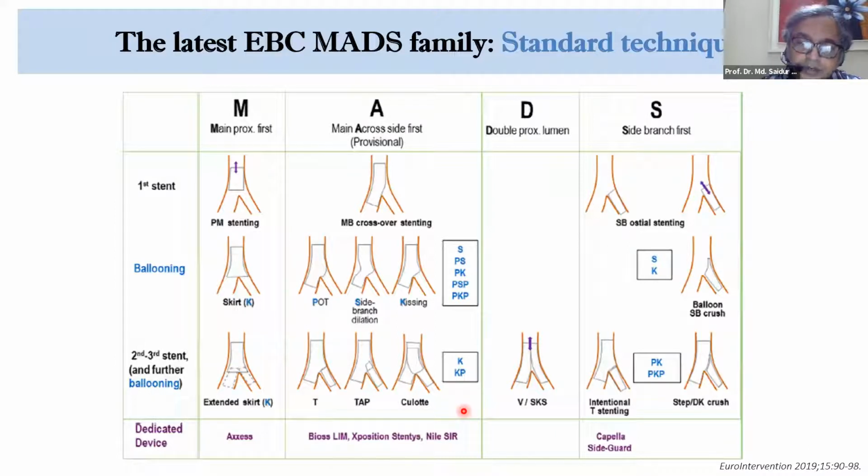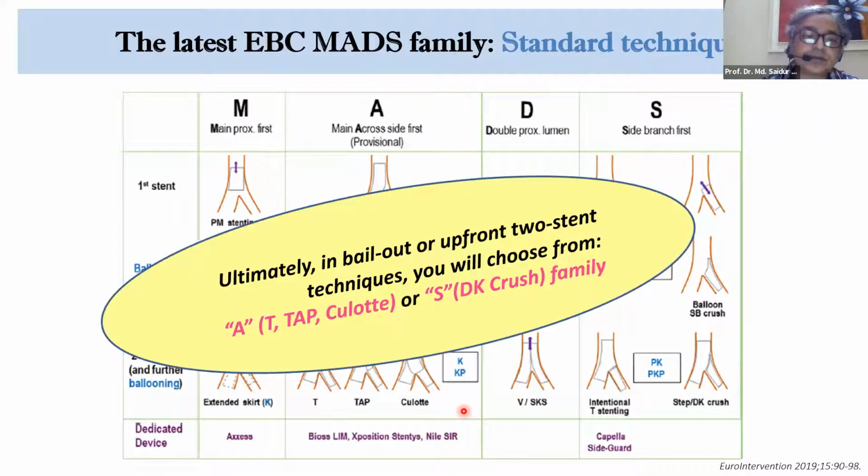And another important thing to remember is that in these sorts of techniques, in bailout or upfront two-stent techniques, it has now been concentrated into TAP, culotte, and DK crush family.